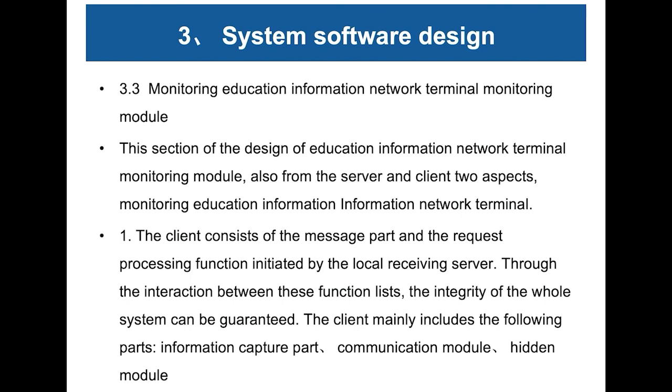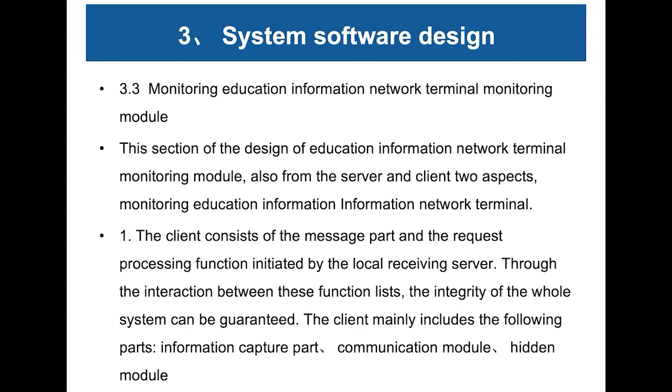1. The client consists of the message part and the request processing function initiated by the local receiving server. Through the interaction between the function lists, the integrity of the whole system can be guaranteed.